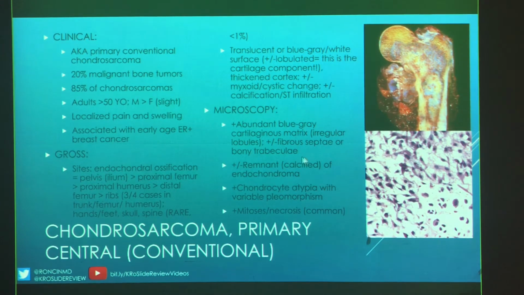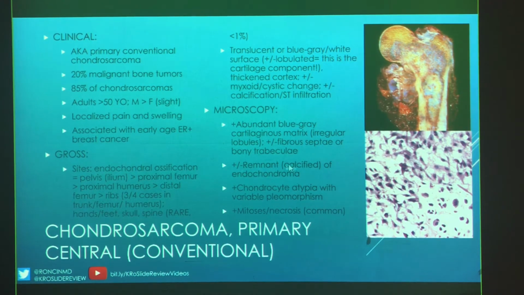So on microscopy, we're going to see a lot of that cartilaginous matrix, which is kind of what this is showing. It's a little pale here, so it almost just looks like empty space. And you may or may not have fibroseptate or bony trabeculae even between things. You can see endochondroma, which we went over, chondromas, enchondromas, and echondromas when we did our benign bone lesions.